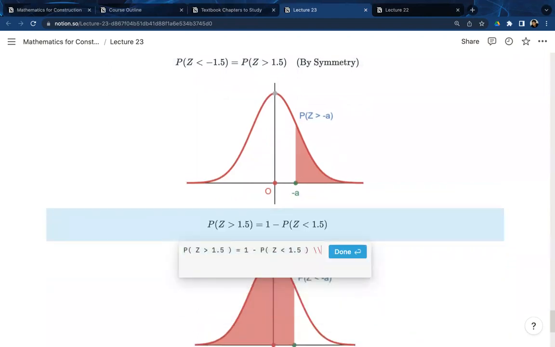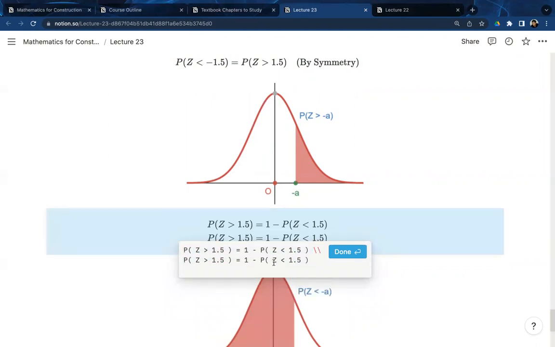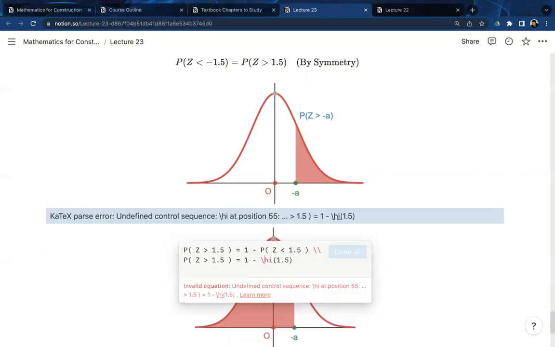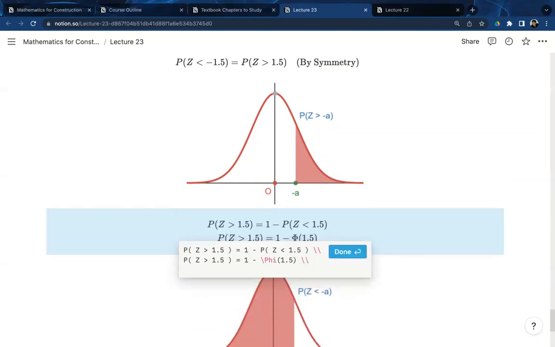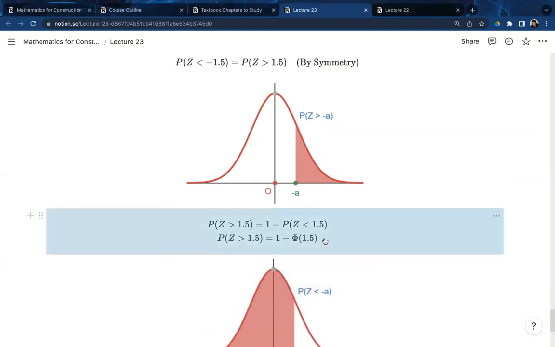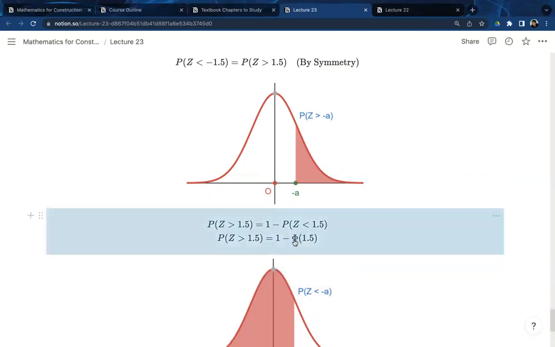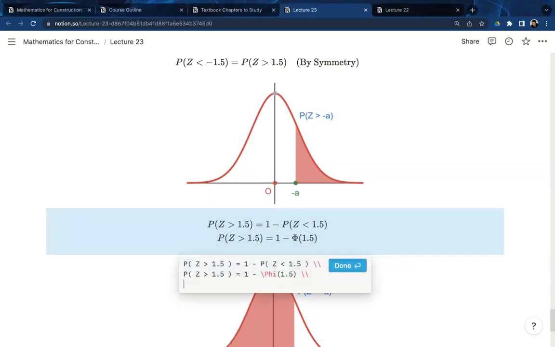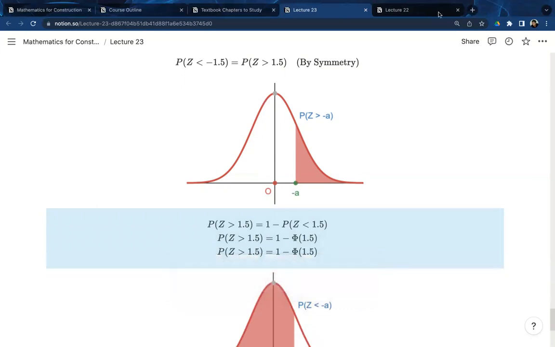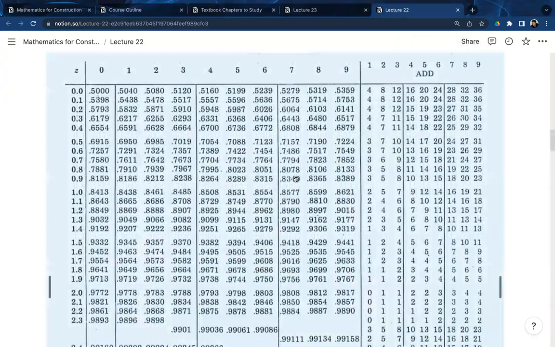So this here is 1 minus phi of 1.5. Where's phi of 1.5? I read the table. Let's go here. Where's 1.5?